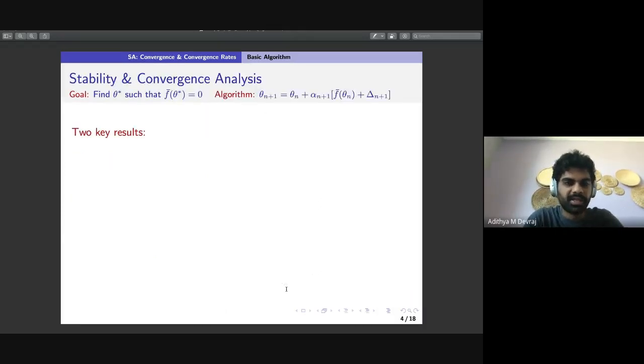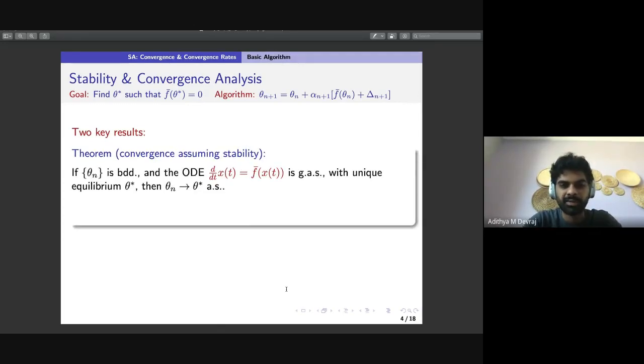When it comes to stability and convergence analysis of stochastic approximation algorithms, there are two key results that I think are super useful. One is establishing convergence assuming boundedness. Suppose you can show that the parameter estimates are a bounded sequence, and that this ODE is globally asymptotically stable with unique equilibrium theta star. Then there's a theorem that you can use to show that theta n converges to theta star with probability 1.